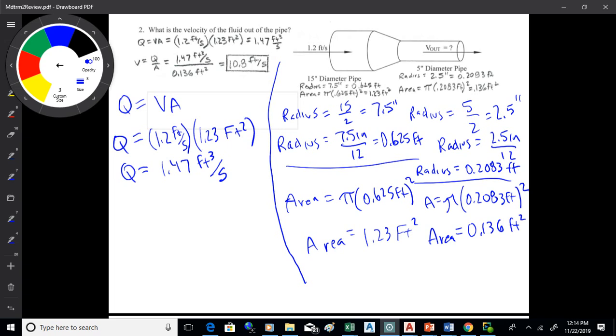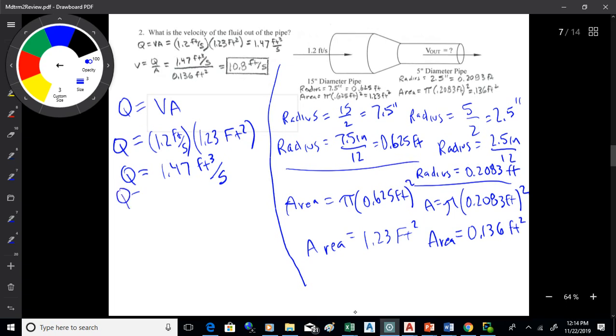Now we've got Q, and we want to find the velocity. We can do that algebraically. The velocity is Q over A. So now we can find the velocity by taking the flow rate, 1.47 cubic feet per second, and dividing it by the area out, 0.136 square feet.